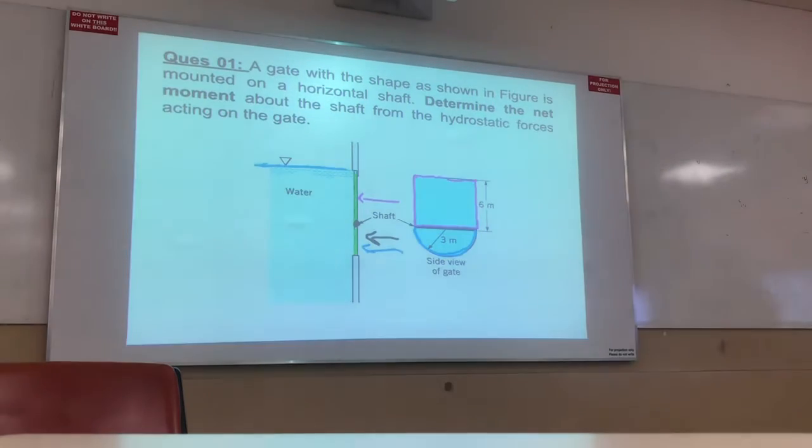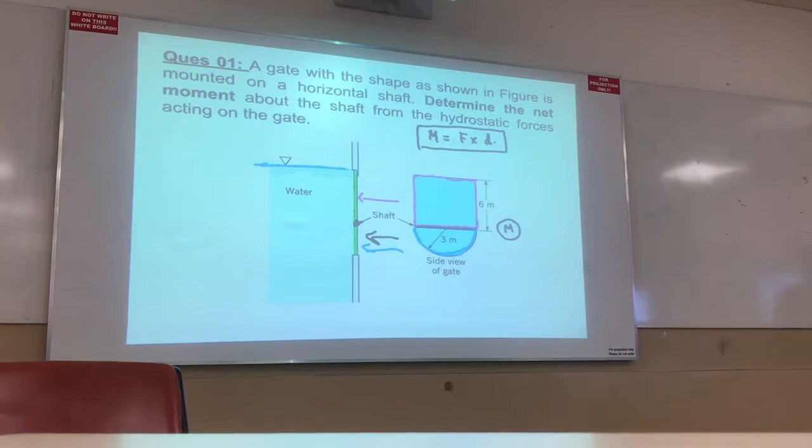So now the question is, determine the net moment about the shaft. They tell you to calculate the net moment about the shaft. So what is the moment? Moment is defined by force times distance. We know, right? So M is moment, equivalent to F, the force, times distance. I put here D, for example. Okay?